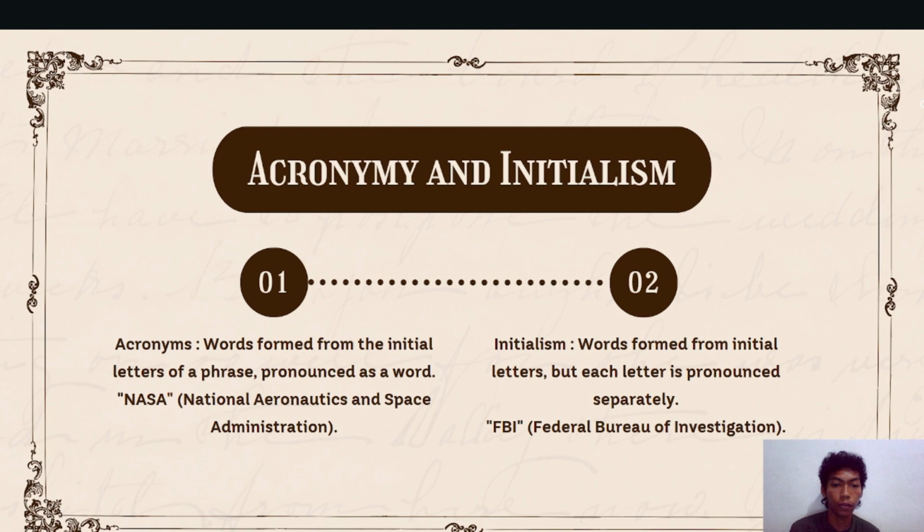An acronym is a word formed from the initial letters of a phrase and pronounced as a word, and an initialism is a word formed from initial letters, but the letters are pronounced separately. In a simple way, if you can say it like a word, it's an acronym like NASA, and if you pronounce each letter separately, it is an initialism like FBI.